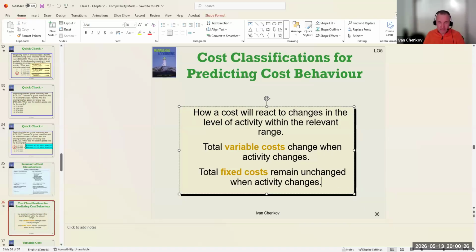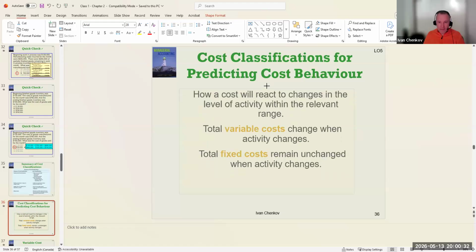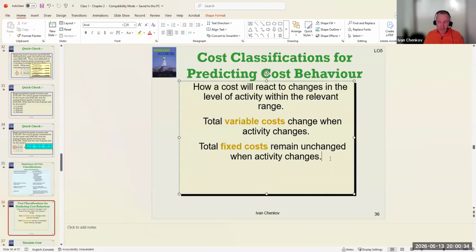Cost itself is always a mathematical function between two variables. One of the variables is quantity. The other variable is price.